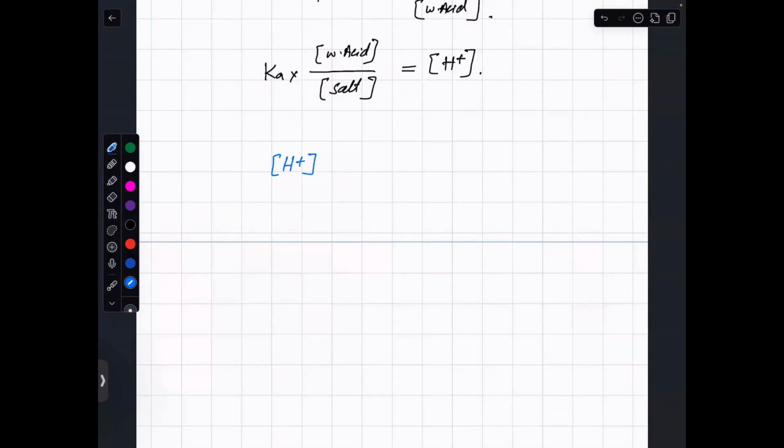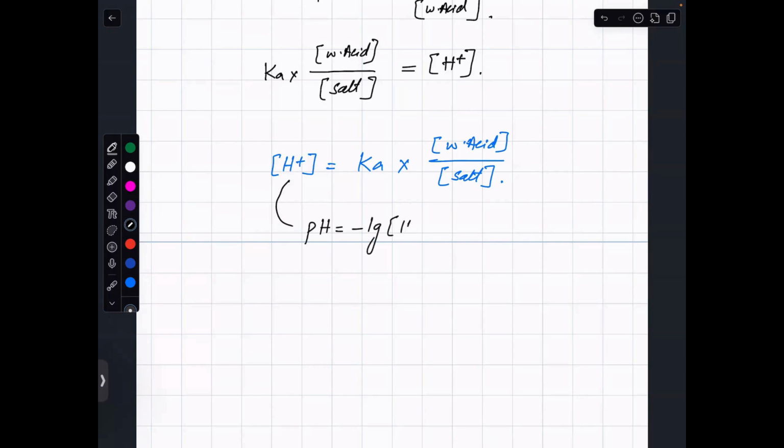H plus is equal to Ka into weak acid over salt. Now, I can get the pH directly by taking negative log of H plus. That's it.